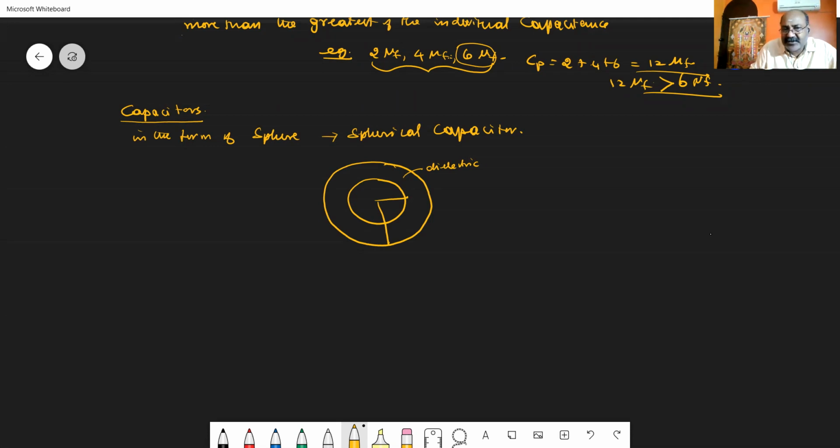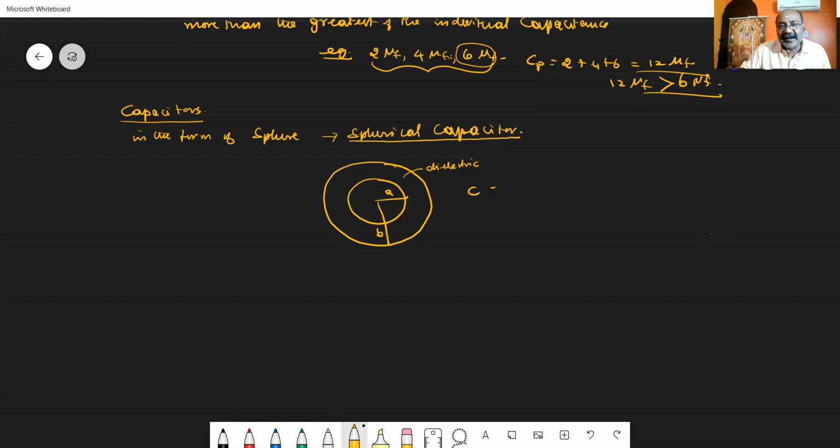These two spheres, let us consider the inner radius as A and the outer radius as B. Then this arrangement acts like a capacitor, and we call it a spherical capacitor.